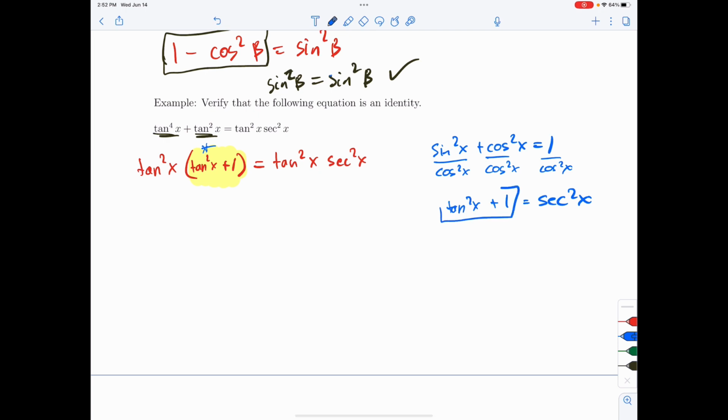So this thing right here is going to be equal to secant squared. So I can replace this with secant squared. And that gets me the verification. Okay, so I did one step each line, and at the end they are equal.